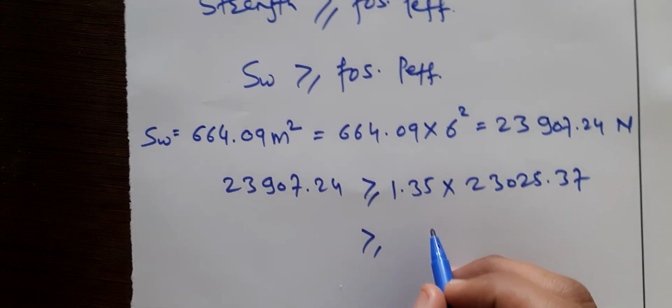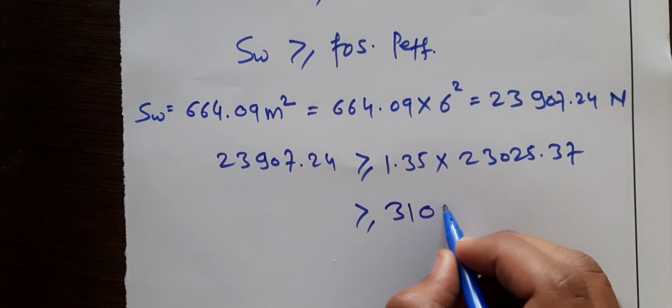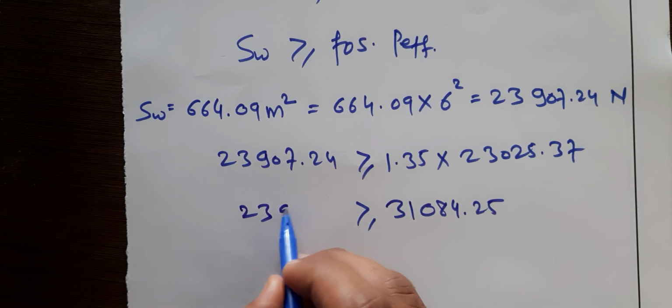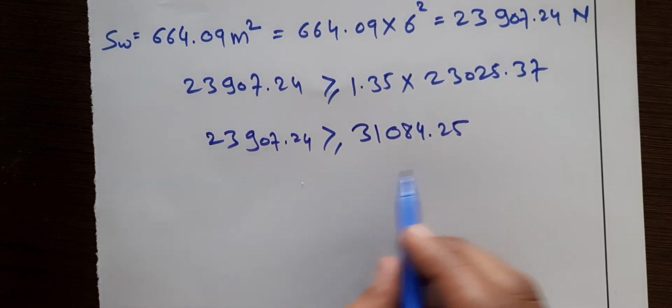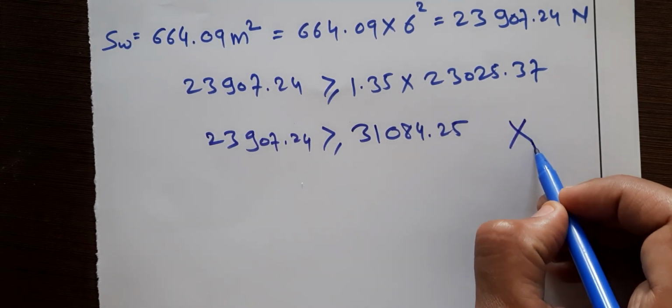If you multiply, you will get 31084.25, and here 23907.24. Now this condition is not satisfied. As the condition is not satisfied, our design is unsafe.